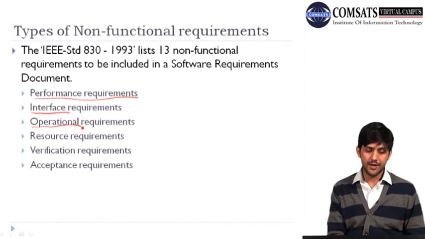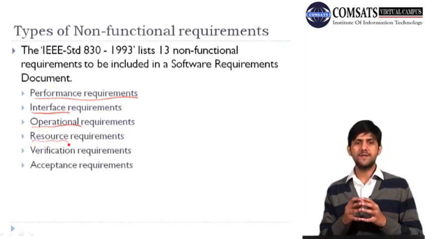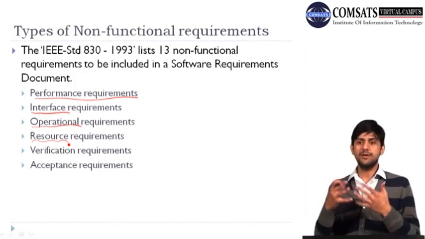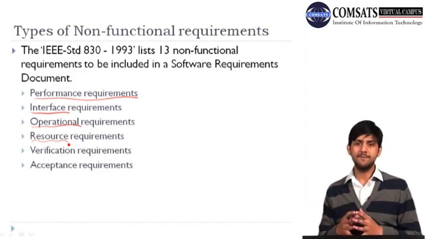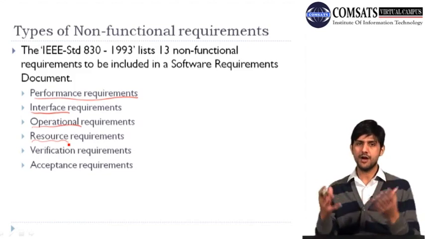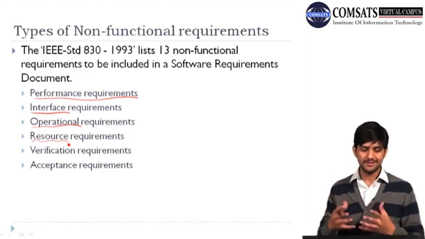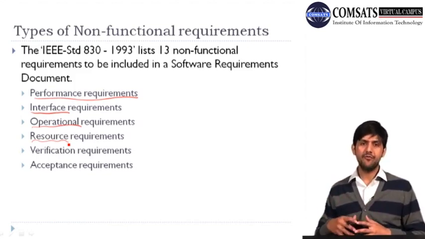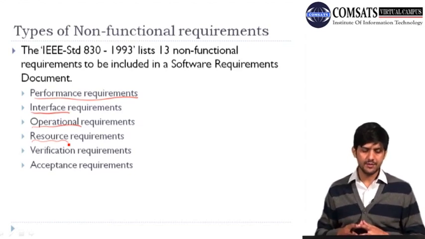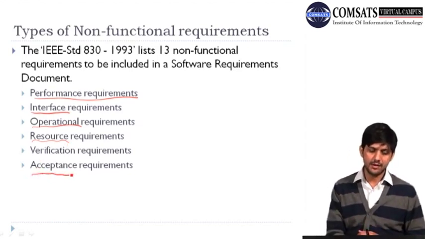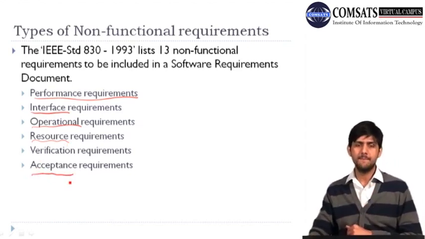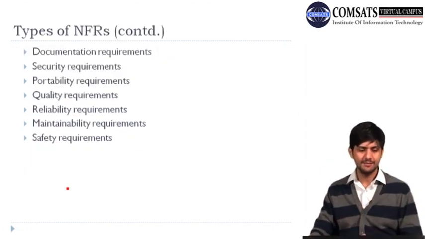Similarly, we can have some operational requirements. We can have some resource requirements, that the system should be able to run on this kind of hardware, this kind of processor speed, and this much RAM should be required for the system. Similarly, we can have some verification requirements. We can also have some acceptance requirements which we can put on our system.